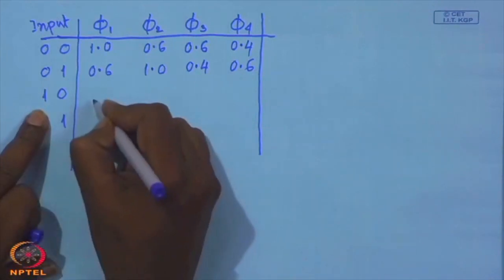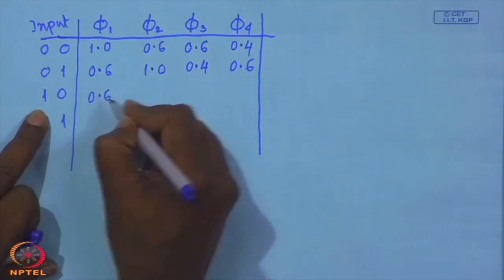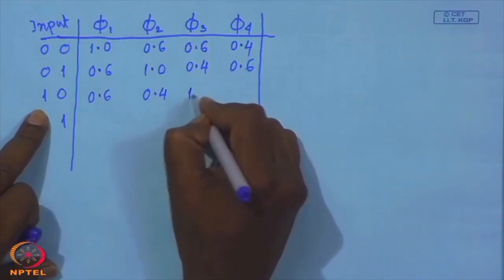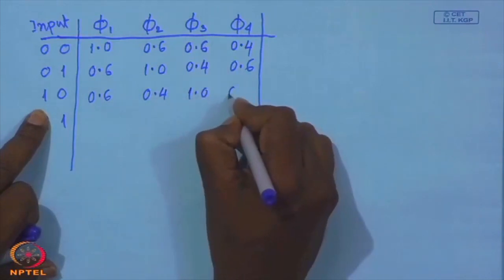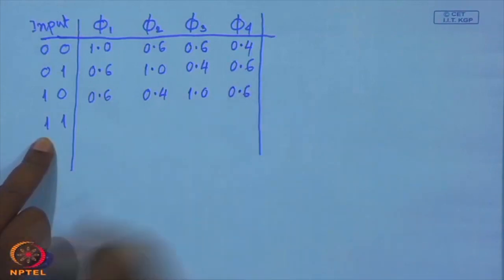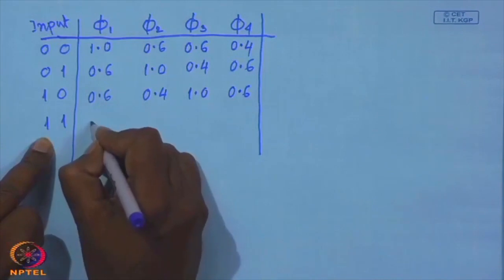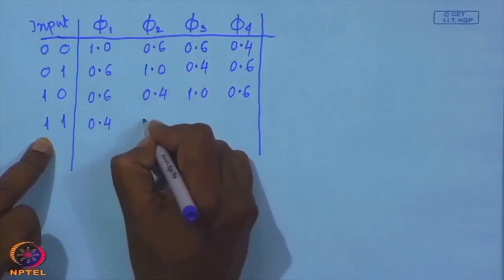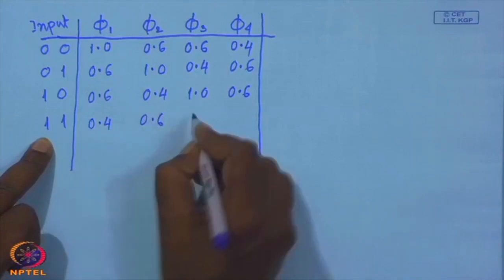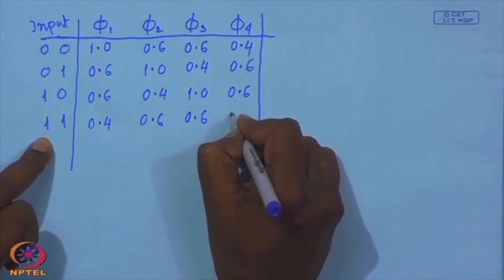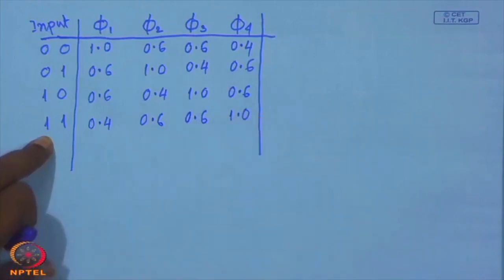For 1 0, this is 0.6, this is 0.4, this is 1.0, this is 0.6 again. And for the input feature vector 1 1, I have phi 1 is equal to 0.4, phi 2 x will be 0.6, phi 3 x will be 0.6 and phi 4 x will be 1.0.